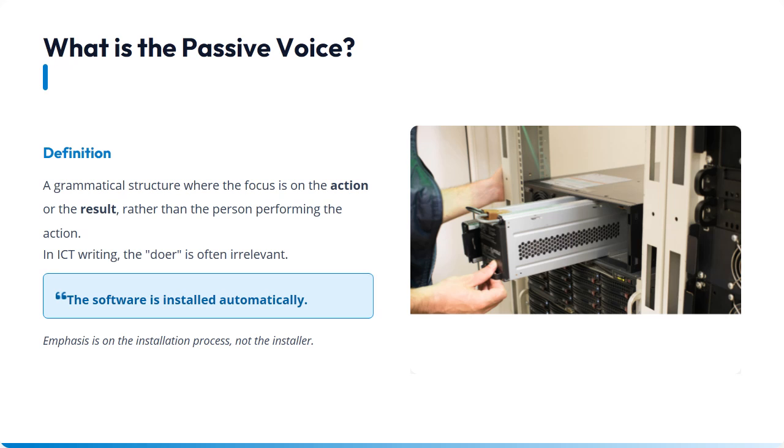For example, the software is installed automatically. Here, the emphasis is on the installation process and not on the installer, that is to say, the focus is on the action, not on who performed the action.